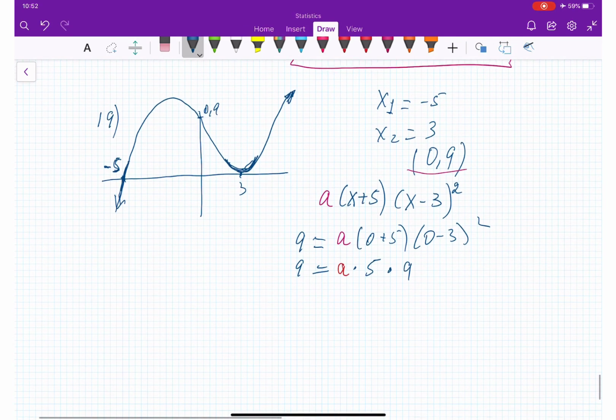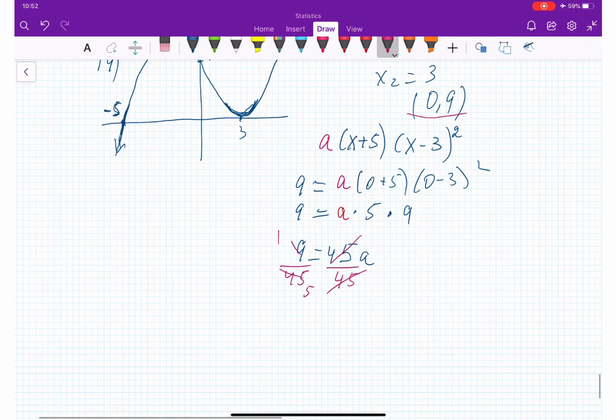So 9 is equal to 45a. We divide by 45 because we need a, here also divide by 45. This 45 is gone. 9 and 45, 1 and 5. So a is equal to 1/5.